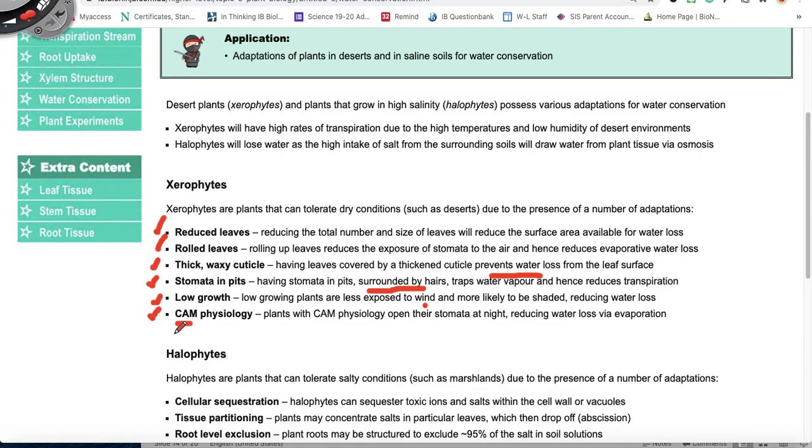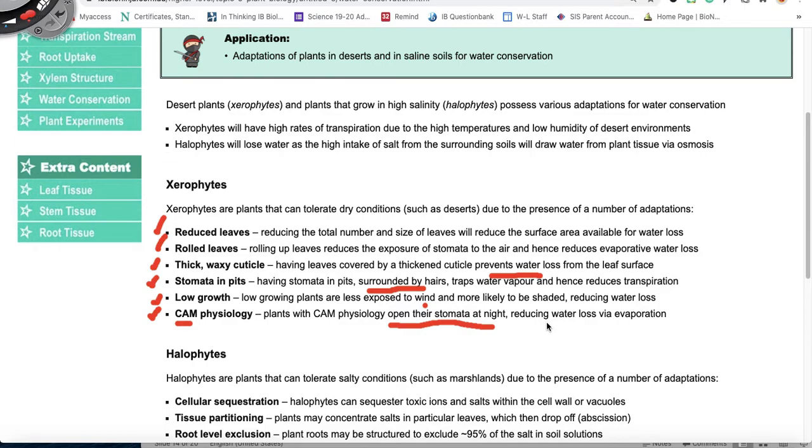And they have CAM physiology. CAM stands for crassulacean acid metabolism. Within this metabolic process, these plants open their stomata at night, reducing water loss via evaporation. So that's what it means to be a CAM plant: you open your stomata at night.